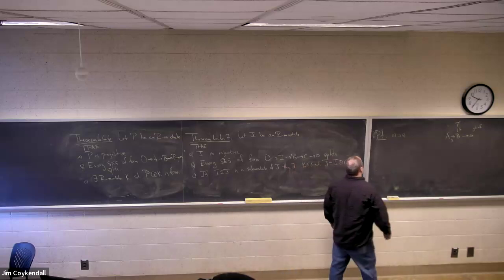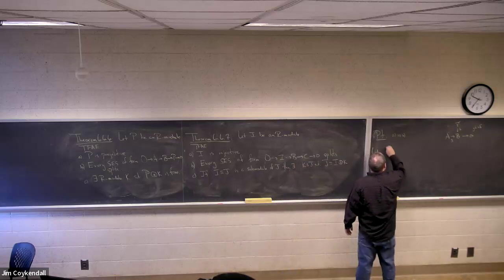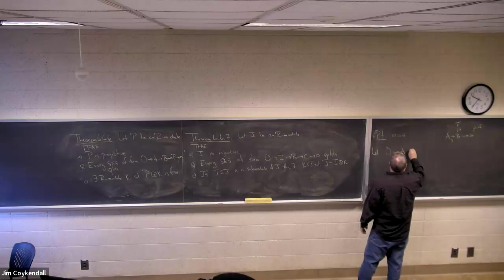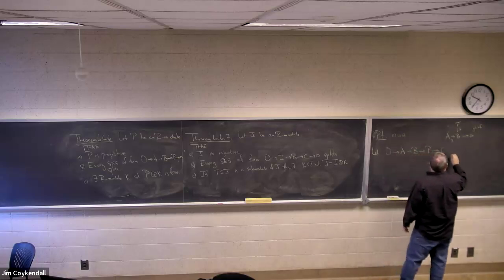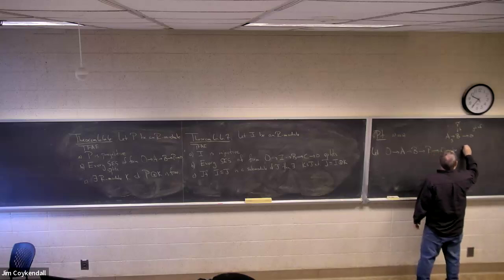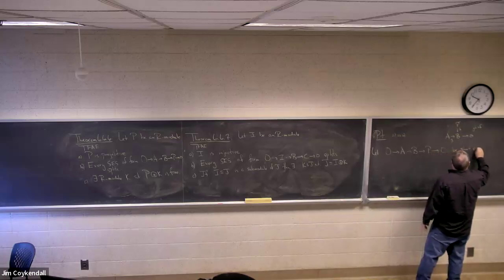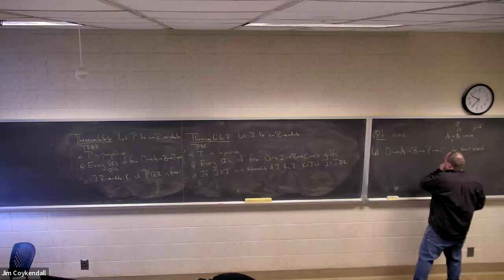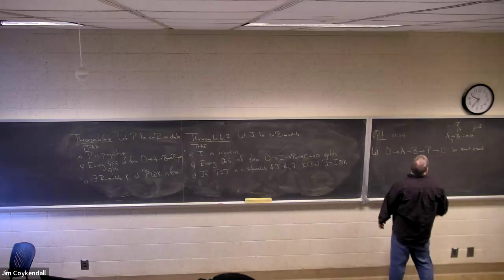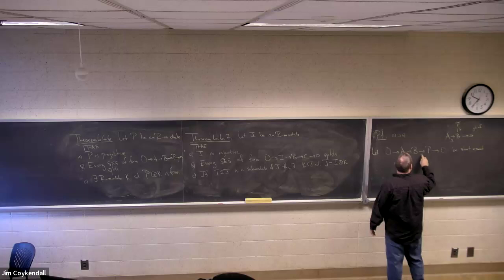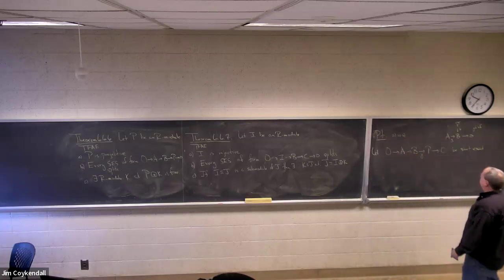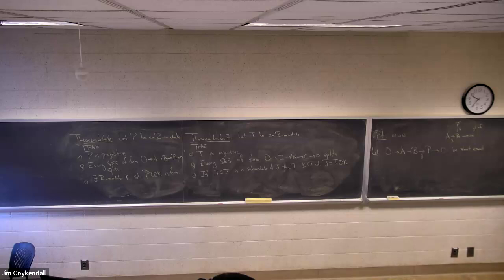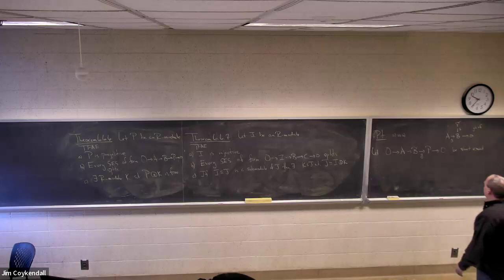So let's let 0, A, B, P, 0 be a short exact sequence. And I guess I will call this G. Now, we have split exact sequences.